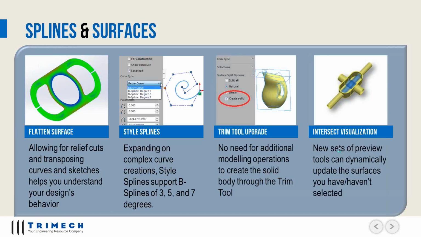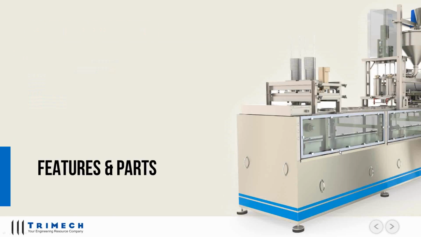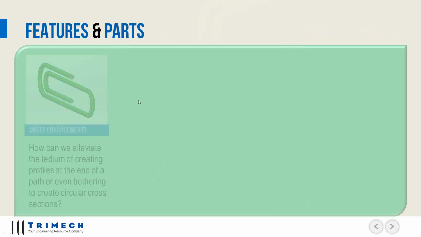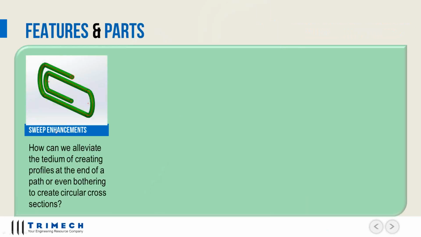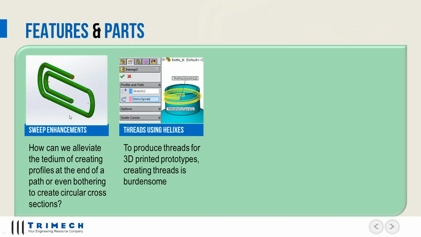All right. So let's take a look at some other feature and part enhancements in SolidWorks 2016. Or first, let's look at what we've had in the past. We've always been able to create sweeps. It's really nice. Sometimes it can be a little tedious, but sweeps have generally been able to be created pretty easily.